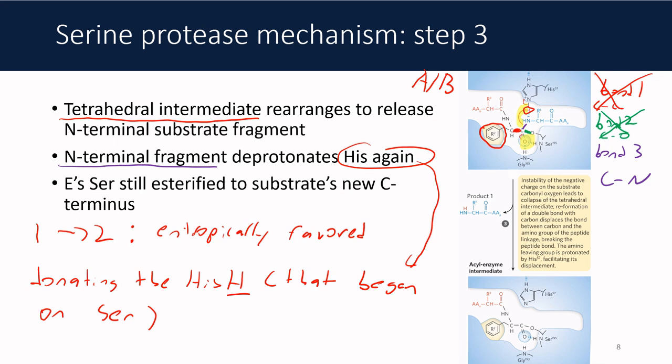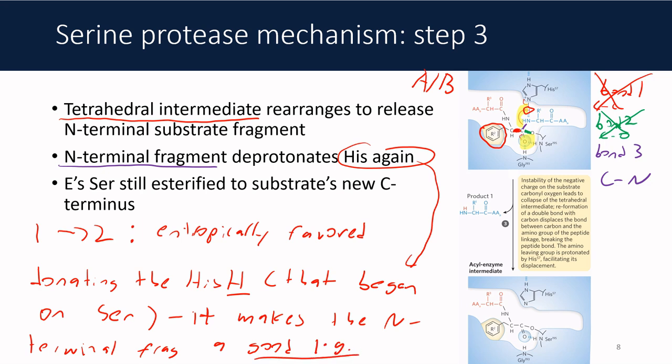And this is important because it makes the N-terminal fragment a good leaving group. That is why of these 3 bonds, breaking that third bond is the only irreversible choice.